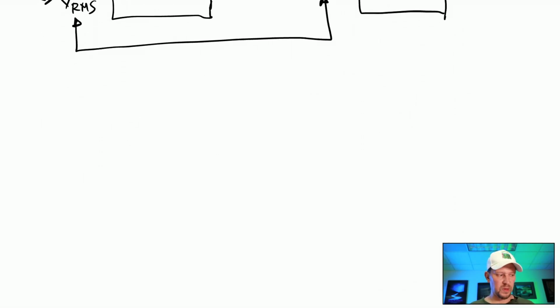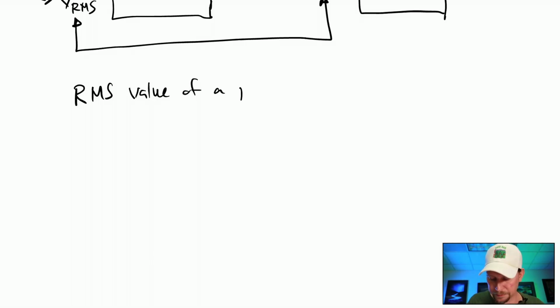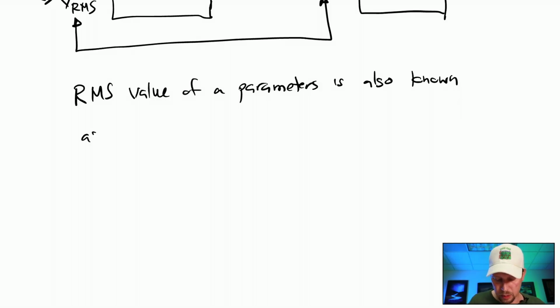Now, these RMS values, I also want to make mention of the fact that they go by a different name. So the RMS value of a parameter is also known as the effective value.